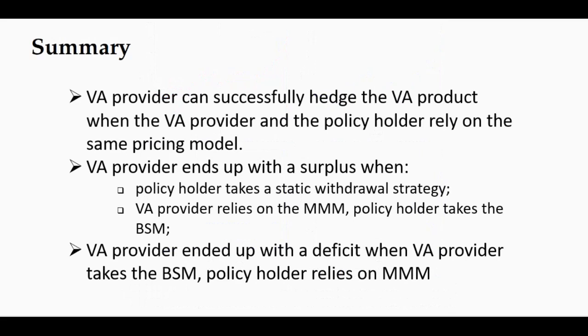On the other hand, if the policyholder is smarter by taking the minimum market model, while the VA provider hedges based on the Black-Scholes model, the VA provider will end up at a loss.